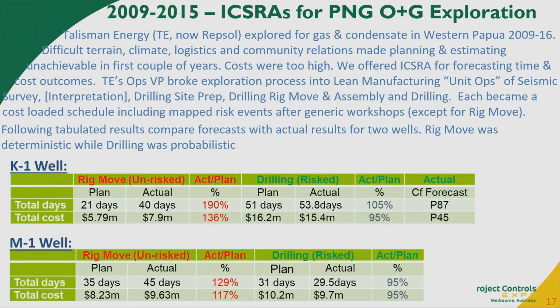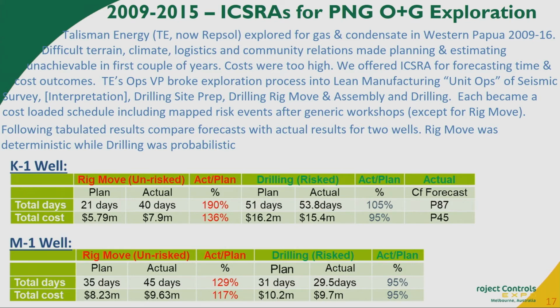All of it, each could be chained together with generic integrated cost and schedule risk analyses with a suite of risk events that had been developed for each of those stages. So the rig move, they did without risking it, that is, without doing a risk modelling.